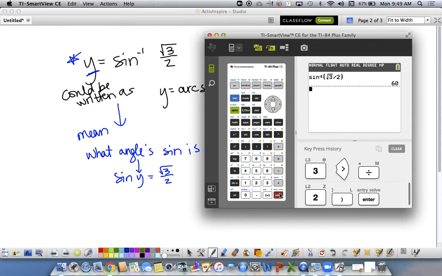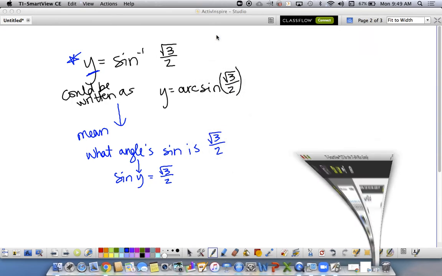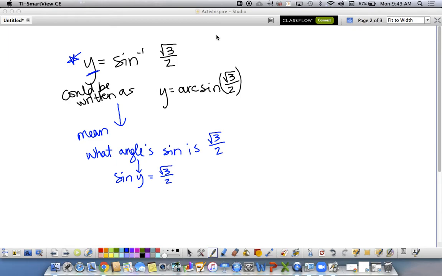I'm in degree mode, so I see that's 60 degrees. Is that the answer? Yes, it is. Okay, really, could I have done this a different way? So one way is calculator.